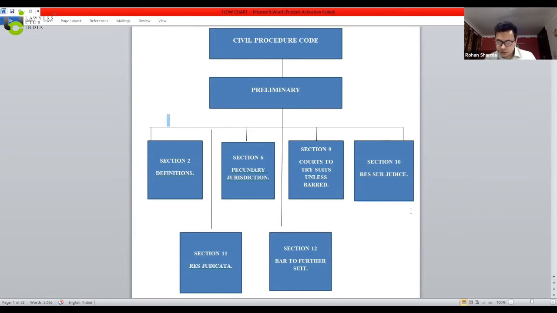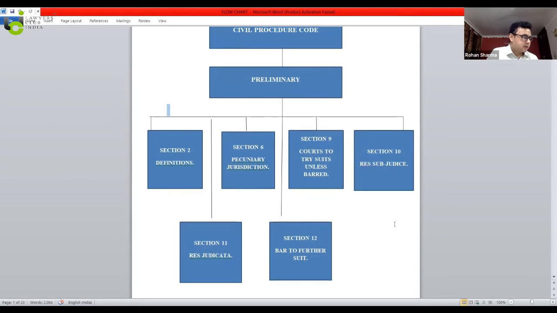Similarly, Section 12. Section 12 bars any further suit to be instituted in case a cause of action has been decided, or in case a plaintiff is somewhat precluded from filing a further suit.